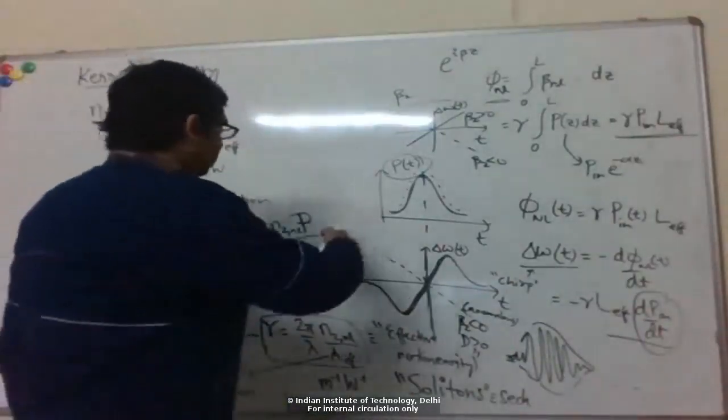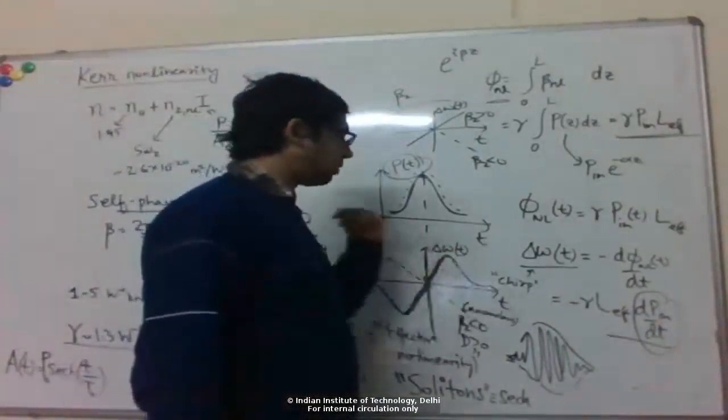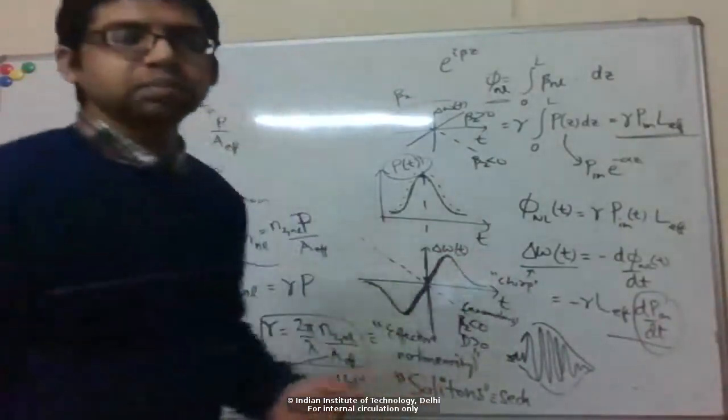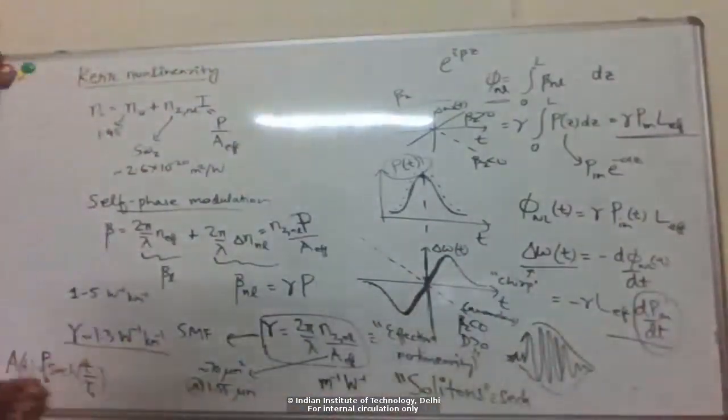Anyway, so even for intensity modulation, we can see that this nonlinear self-phase modulation gives rise to a frequency chirp, which can give me either additional broadening or mitigate the dispersive broadening.